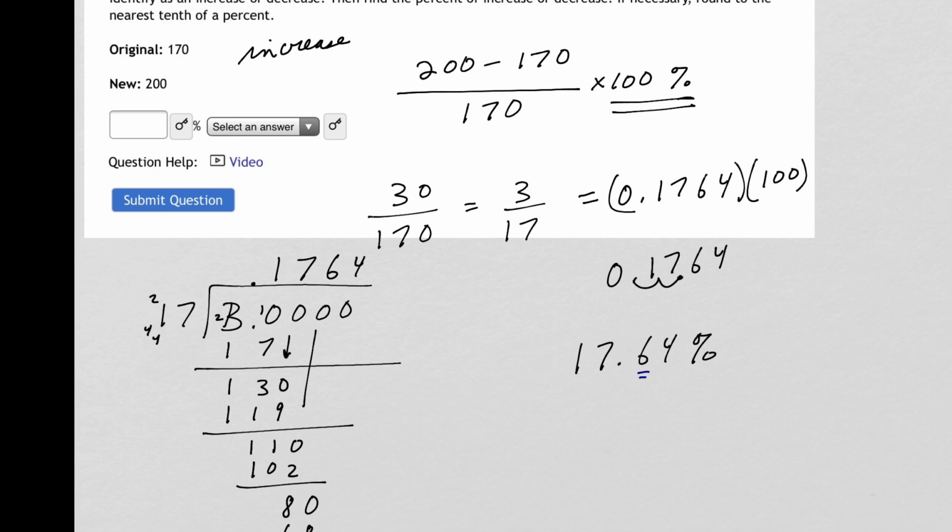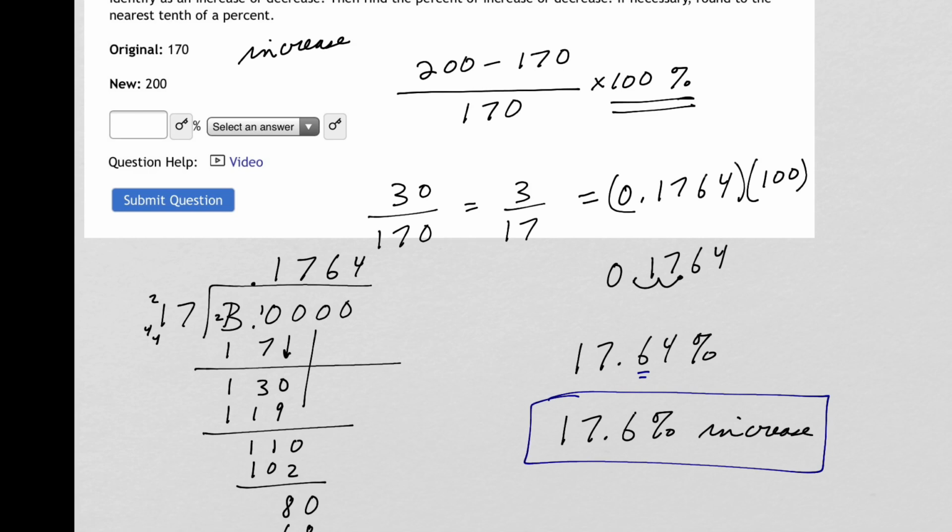So that's going to stay a 6. And then everything else drops off, right? So the answer here is going to be 17.6%. And it's going to be an increase. So that's our answer. And in this, they're going to ask you for whether it's increase or decrease. We just found it's an increase.